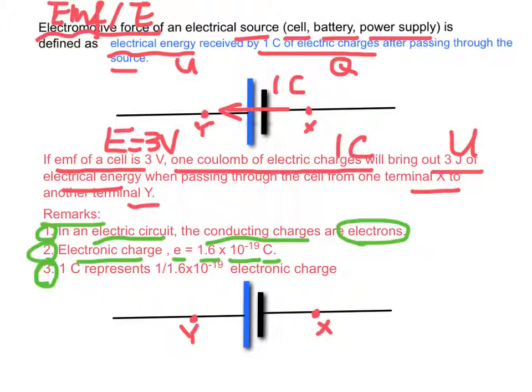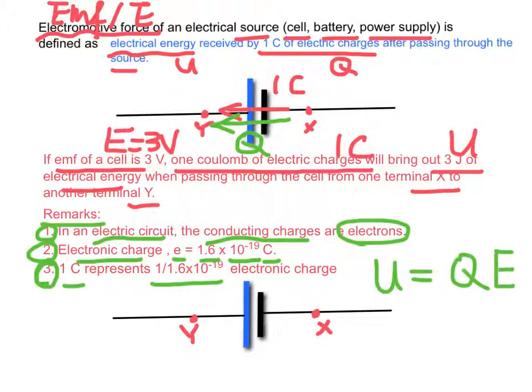Finally, 1 coulomb of charge represents 1 over 1.6 times 10 to the power negative 19 electronic charges. When Q coulomb of charge passes through the cell, the energy brought out by the charge will be U equal to Q times E. This equation is important.